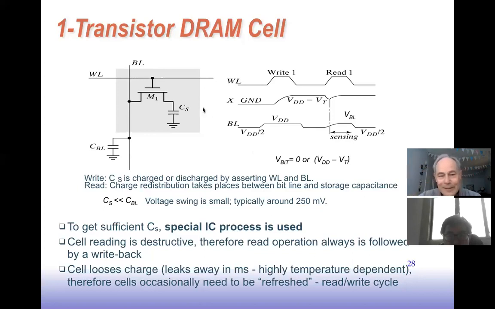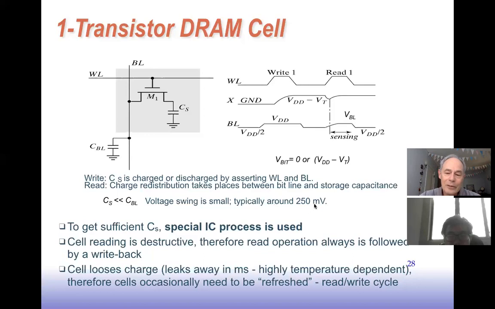But because of the relative capacitance, this capacitance is pretty small compared to the capacitance of the bit line, as I say here. So the voltage swing is pretty small. And it just moves once and it doesn't keep moving because there's nothing keeping it moving. Once the cell gives up its charge or grabs some charge from the bit line, the voltage doesn't change anymore.